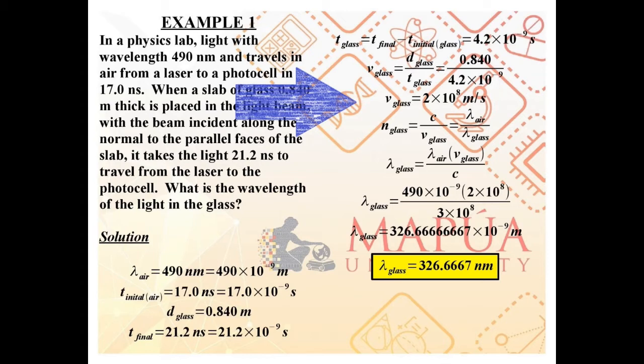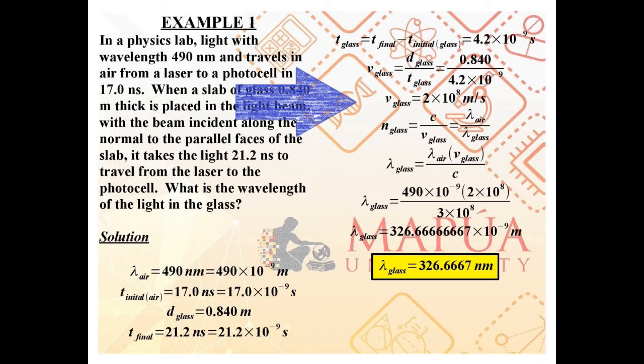And with knowing the speed of light in the glass, we can then calculate the index of refraction of the glass. N glass is equal to C divided by V glass, the speed of light in vacuum divided by the speed of light in glass.